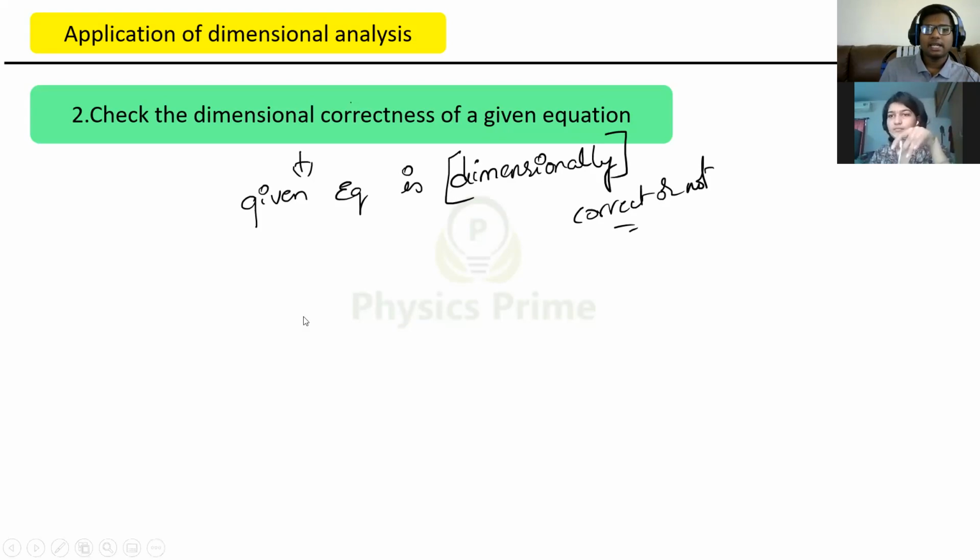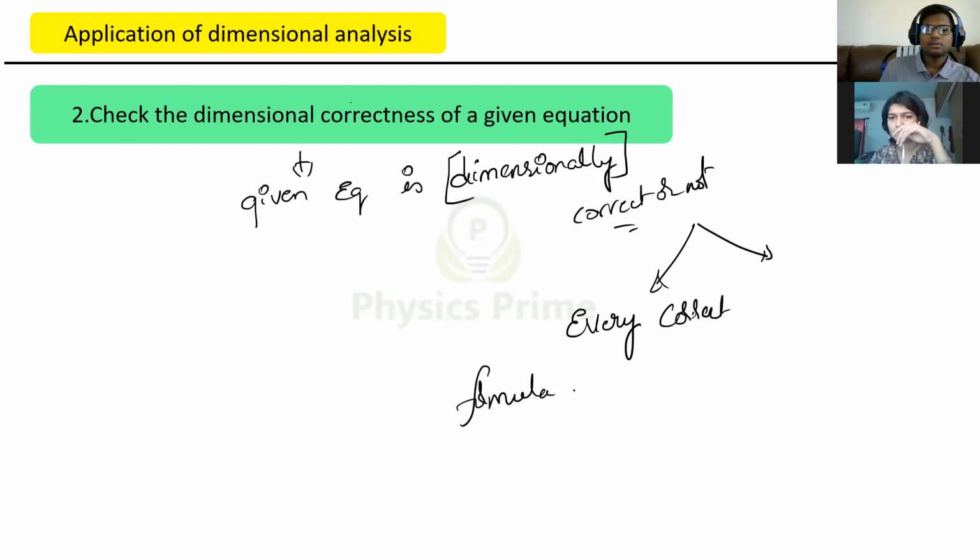One thing you need to remember, I'll explain with the question. Every correct formula is dimensionally correct. There's an exception to it, I'll tell you that.